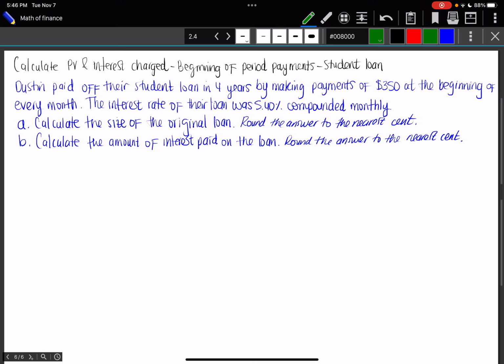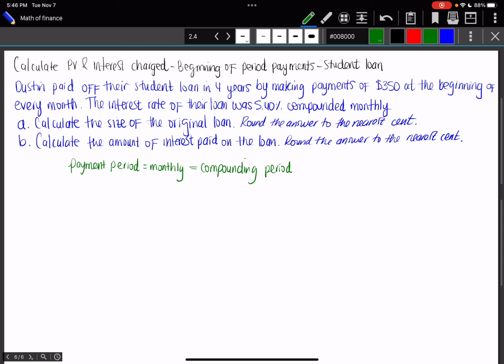Here, the payment period is monthly. Let's write payment period is monthly. And we have that the compounding period is also monthly because interest is compounded monthly.